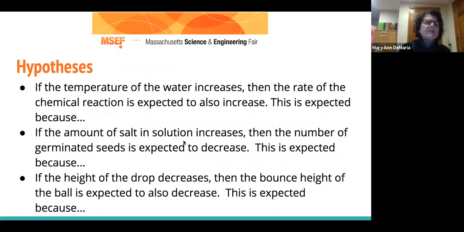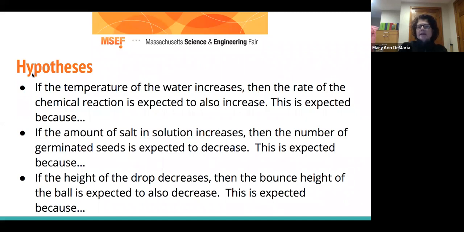These were the hypotheses we stated. I don't know if you remember a couple weeks ago, you stated these hypotheses, and I just wrote what we said. Notice that when we state a hypothesis, it's stated like a trend. It's not like at this temperature, this is what's going to happen.